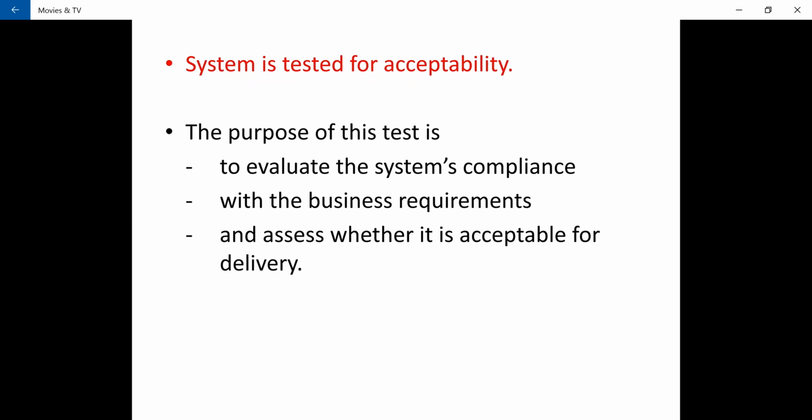In acceptance testing, the system is tested against acceptability. The purpose of this test is to evaluate the system's compliance with the business requirements and assess whether it is acceptable for delivery.